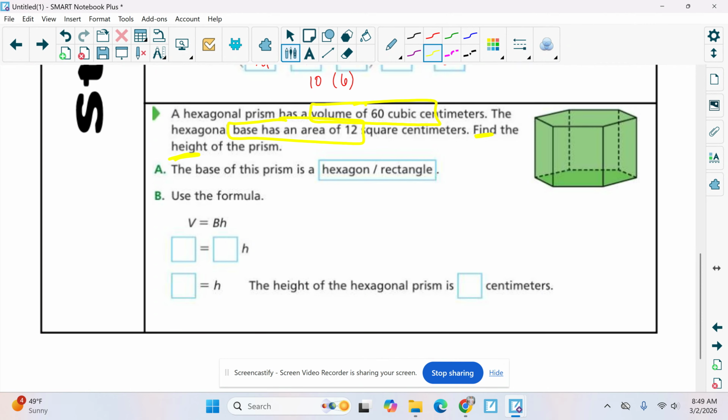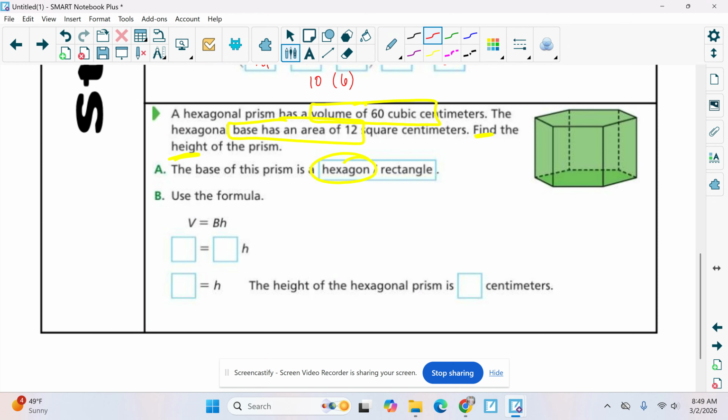So the base of the prism is a hexagon. If we're talking about volume, we're going to use the volume formula, right? And if you look down there, it says volume of right prism or cylinder.